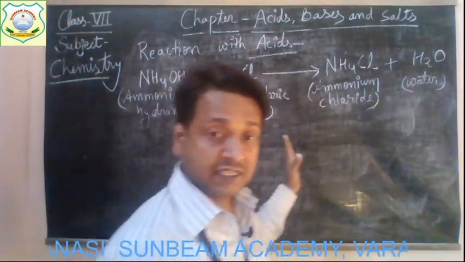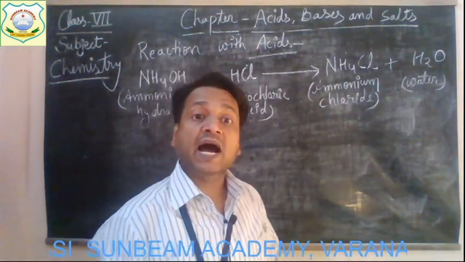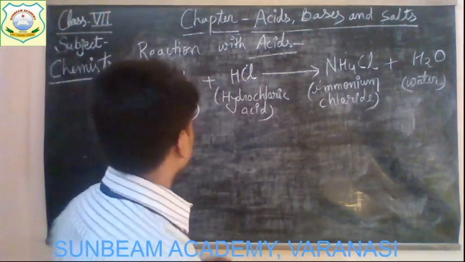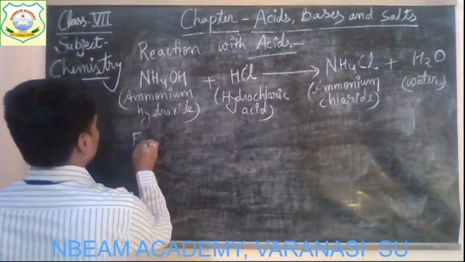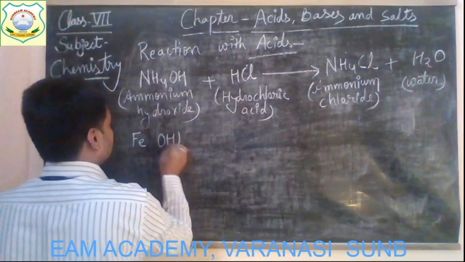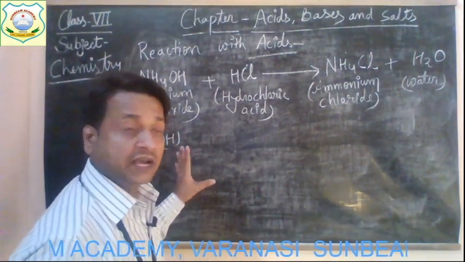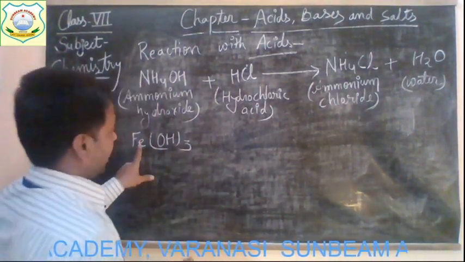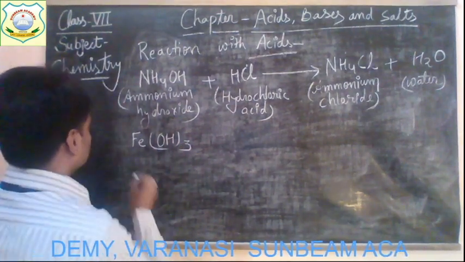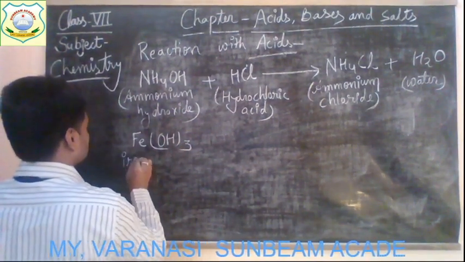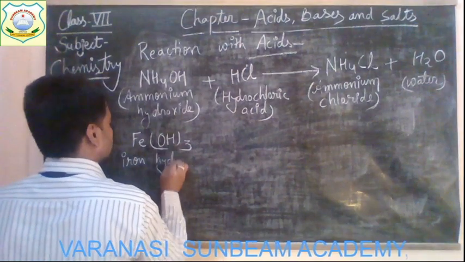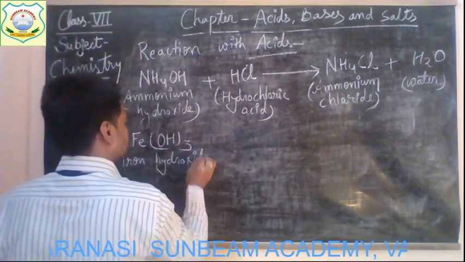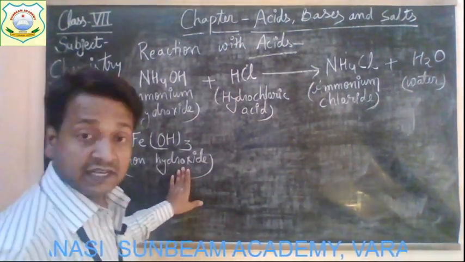Okay, now the next example is when iron hydroxide reacts with nitric acid. The formula of iron hydroxide is Fe(OH)3. This is iron hydroxide, and it is a base.